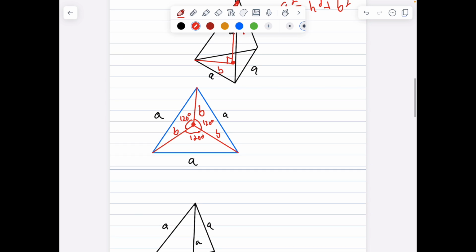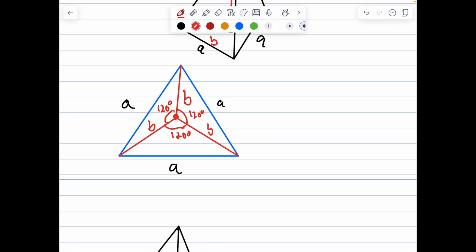A couple ways of doing this. You can use the law of cosines here, but what I'm going to do is as follows. I'm going to draw an altitude from that orthocenter to this side. And this length would be a over 2, and furthermore this is 60 degrees and this is 30.